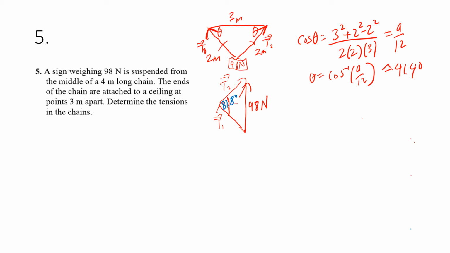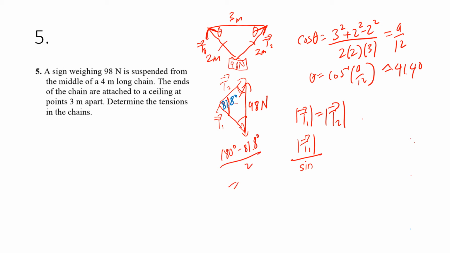So T1 and T2 should be the same, and the magnitudes of the two vectors are equal. We can find them using the magnitude of T1 over the sine of the opposite angle. Remember, we still have an isosceles triangle, so these two angles should be the same. This would be 180 degrees minus 81.8 over 2, because there are two of those base angles.